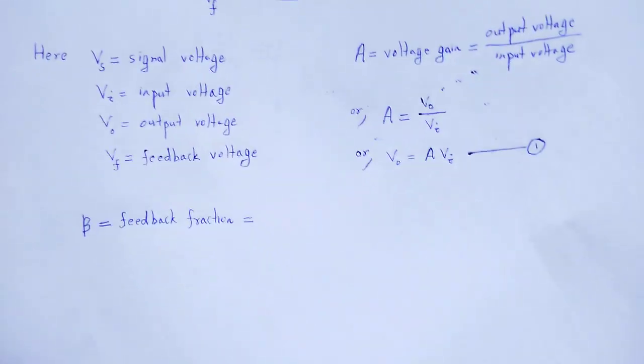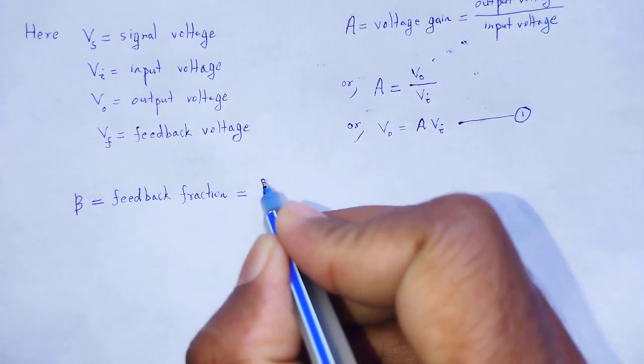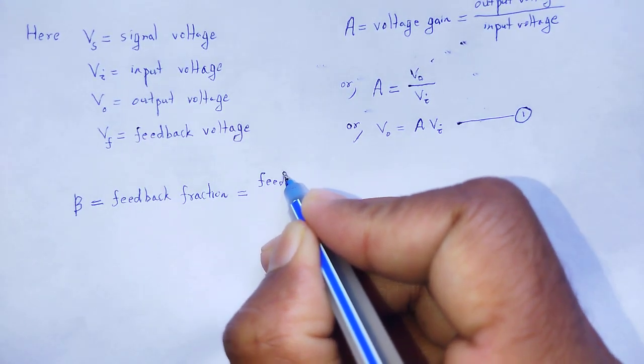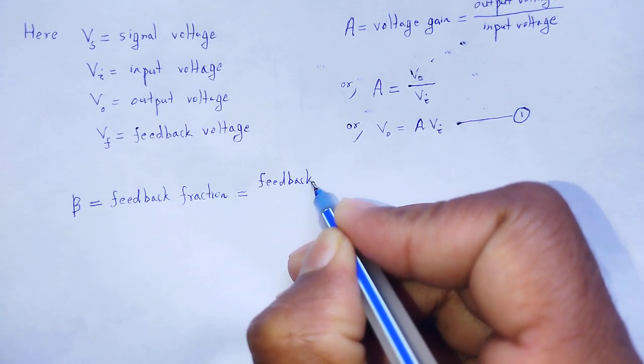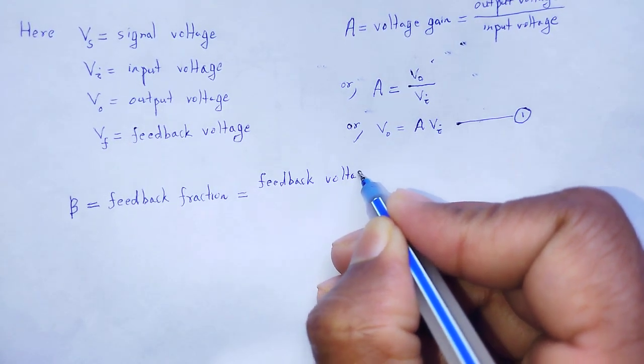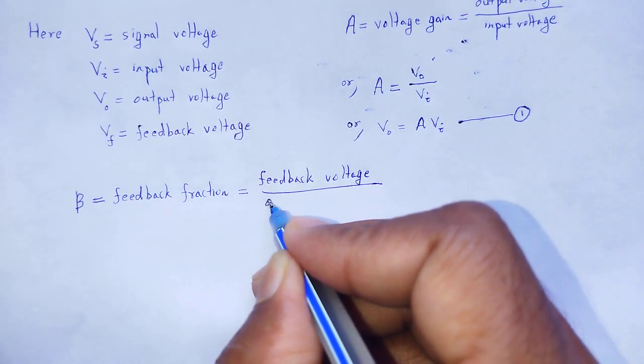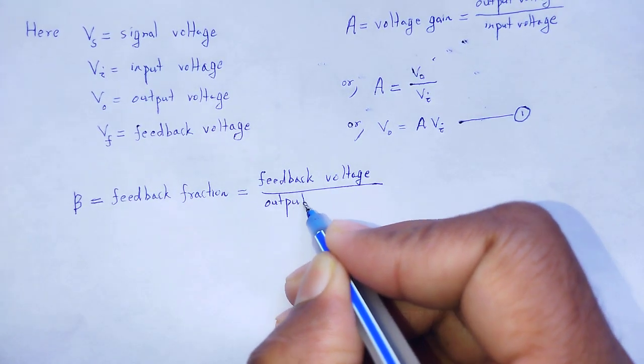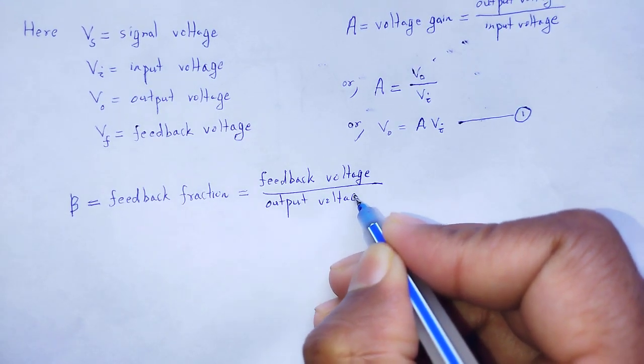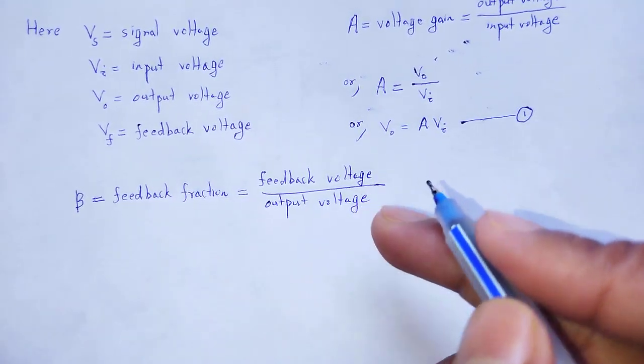So the feedback fraction is the feedback voltage divided by the output voltage, that is, output to input.